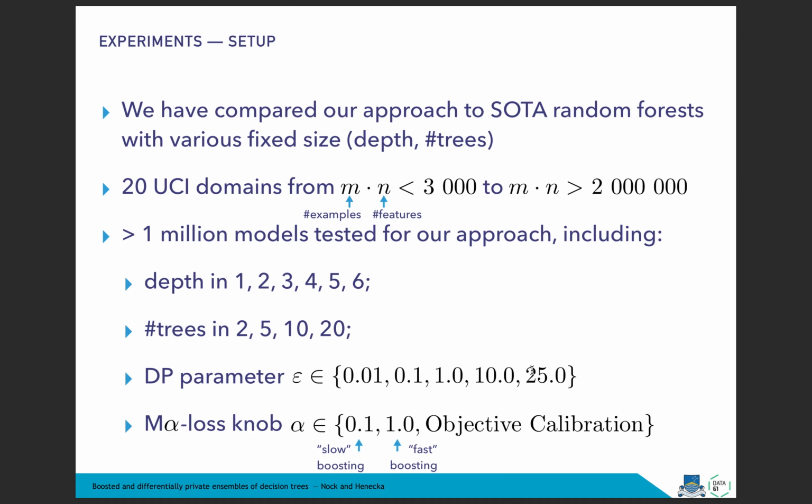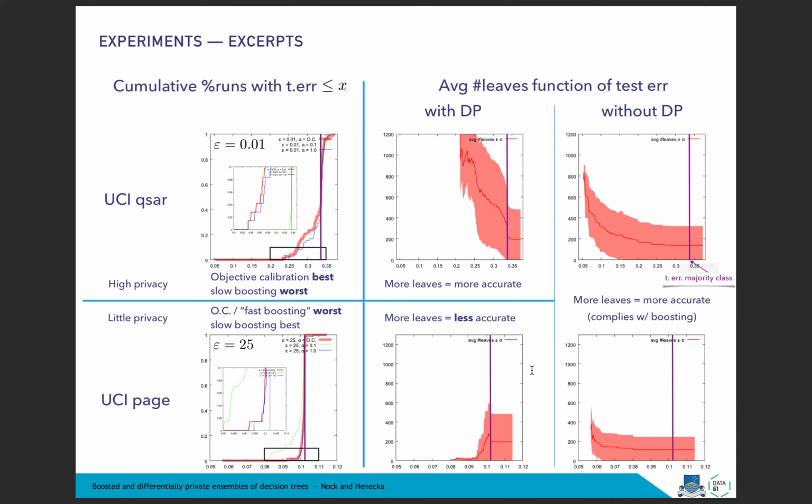We've considered 20 UCI domains from small to big, which means in our case in particular that we have induced more than 1 million models for various depths from 1 to 6, a various number of trees from 2 to 20 essentially, various values of the differential privacy parameter epsilon, 0.01, high privacy, up to 25, low privacy, various ways to fix alpha, so constant ways, so slow boosting but small sensitivity, fast boosting but high sensitivity, and also objective calibration.